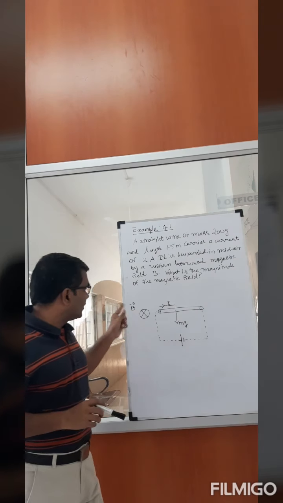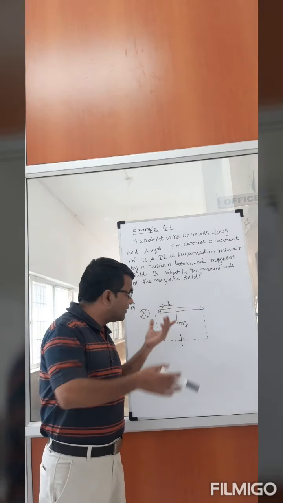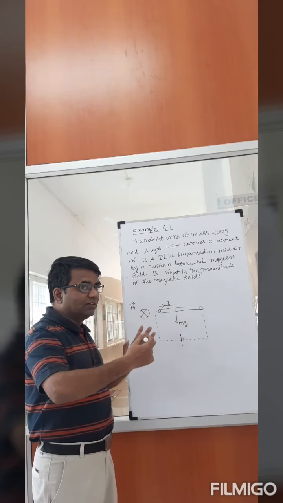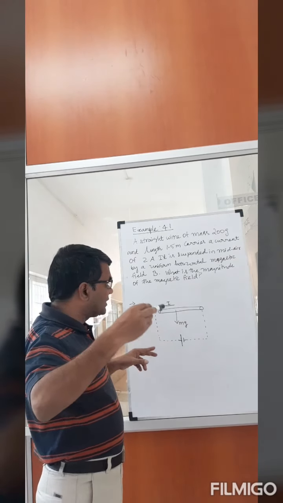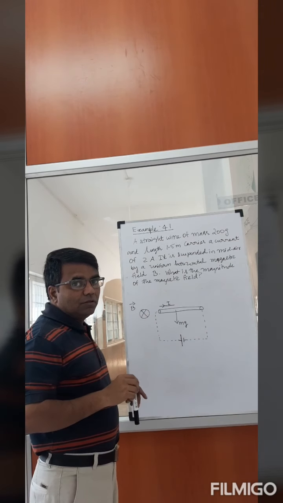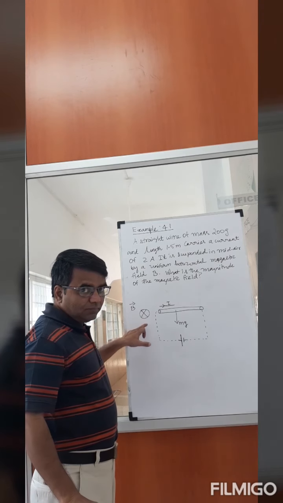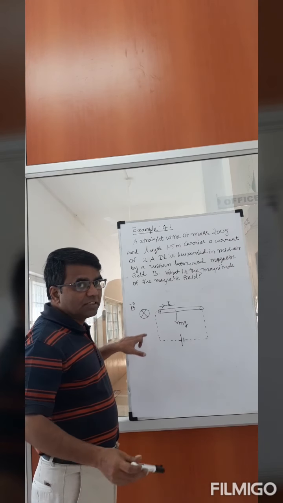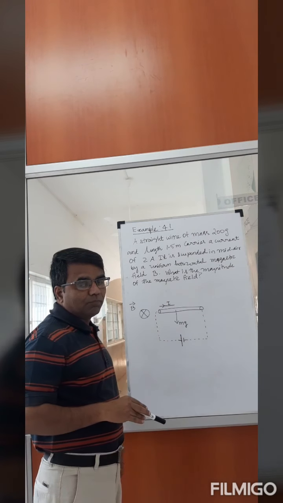You see, this conductor is kept in a magnetic field, an external magnetic field. So the direction of the magnetic field is into the board. Why do I say that? Look at this symbol. This cross symbol tells you that the field is into the board.